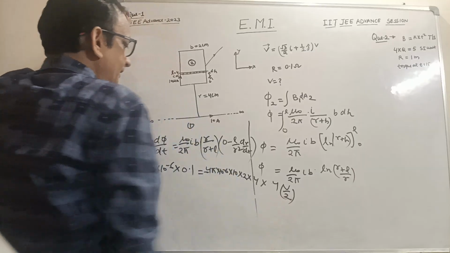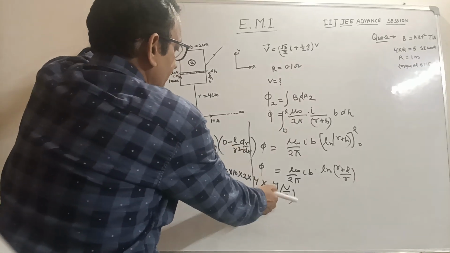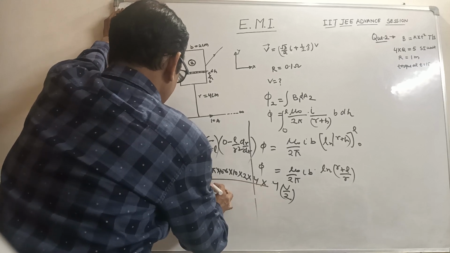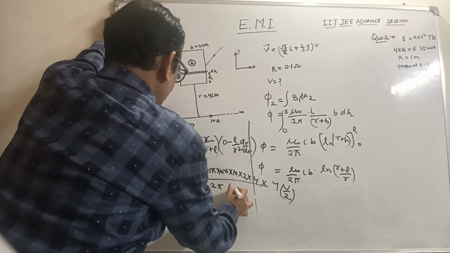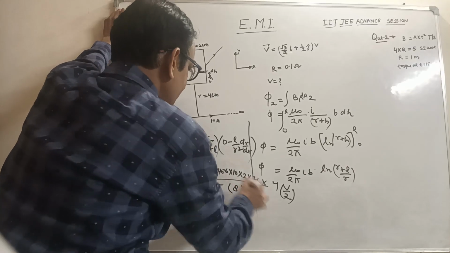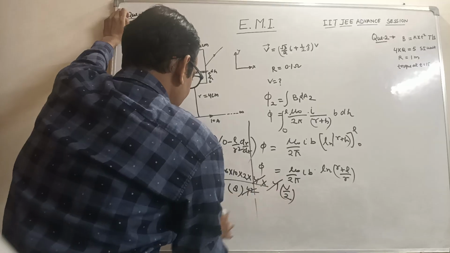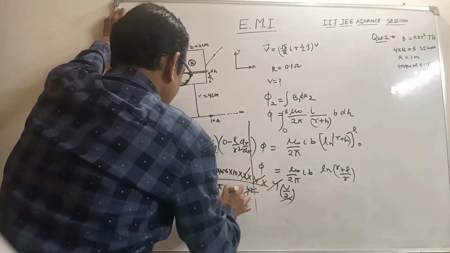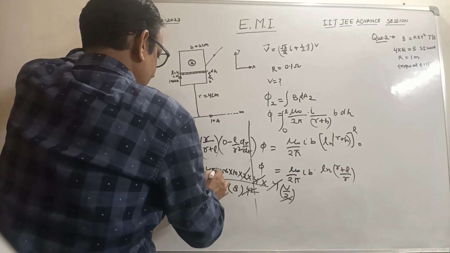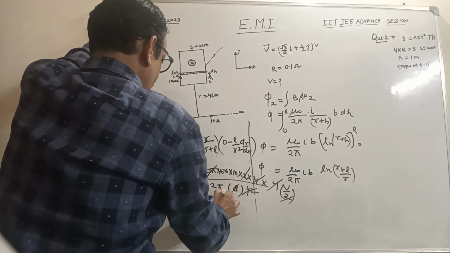Here R plus L becomes 8 and R square is 4 square, so 4 and 4 cancel, 2 and 2 cancel.